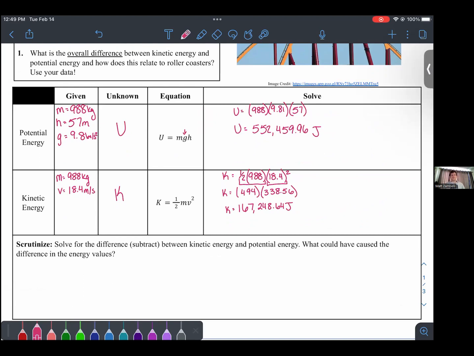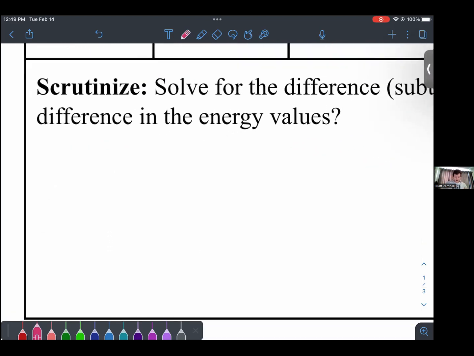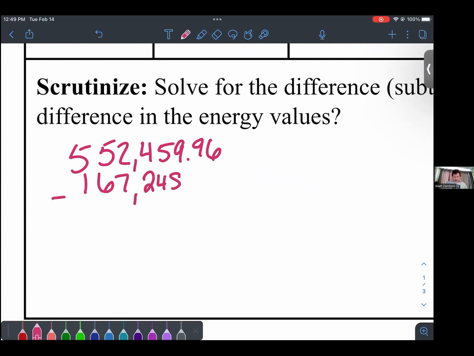So it says solve for the difference or subtract between the kinetic and potential energies. So I saw you guys doing this a lot of ways. I did not care if you did potential minus kinetic or kinetic minus potential. You get the same thing, just as a form of positive or negative. So I'm going to do my larger number of 552,459.96 minus my 167,248.64.